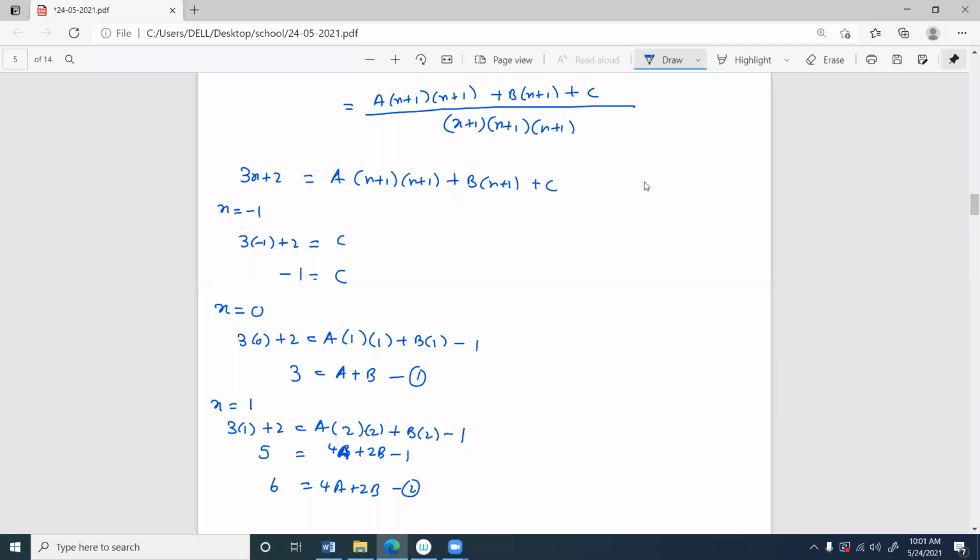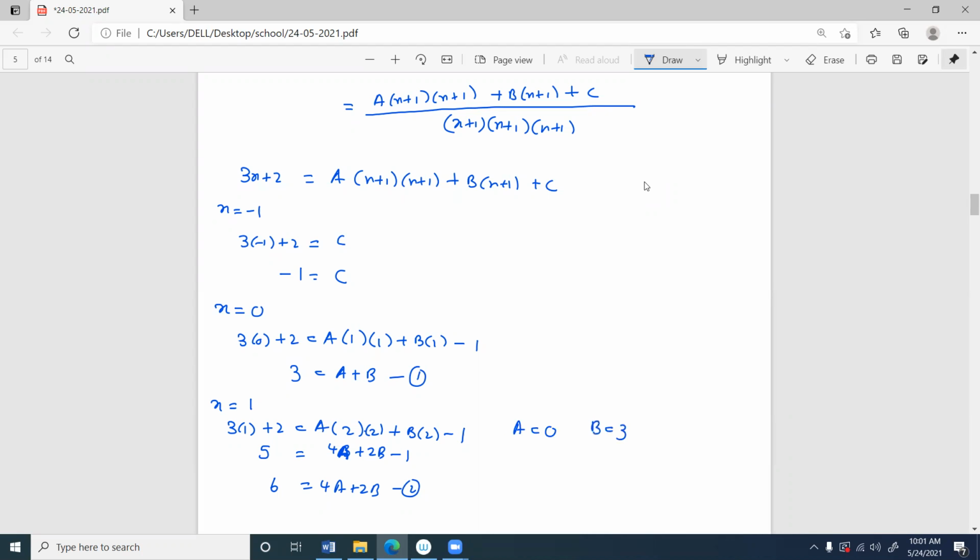Now let's solve these two as simultaneous equations. Just put it: 1 and 3, next one is 4 and 2 and 6. Then A becomes 0, that means A is equal to 0, and B is equal to 3.